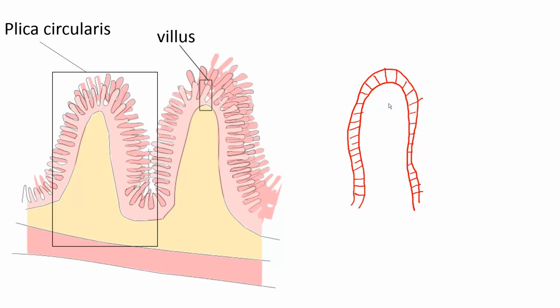Now, inside this villus, in the lamina propria here, right, because this is the mucosa, so we have an epithelium with a lamina propria underneath it. In the lamina propria down here, we're going to find two blood vessels. So there's going to be a little artery, and that's going to supply blood to the cells of the mucosa. We're going to see a little vein.